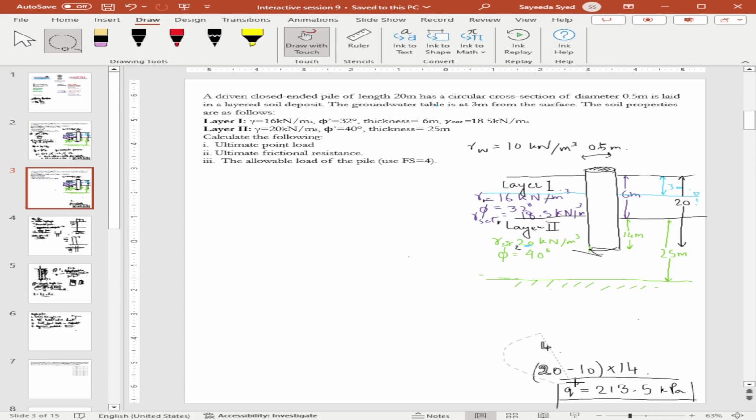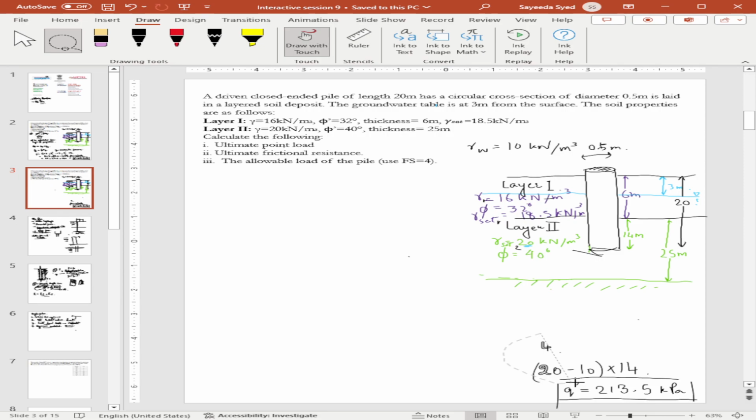So our Q dash came out to be 213.5 kPa. So our QP will be equal to area AP.